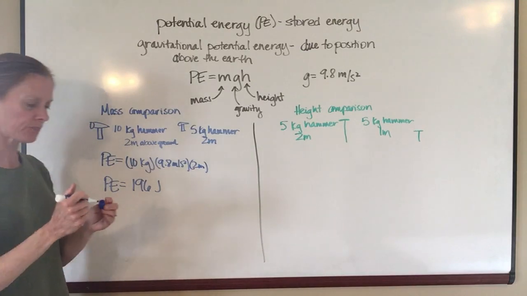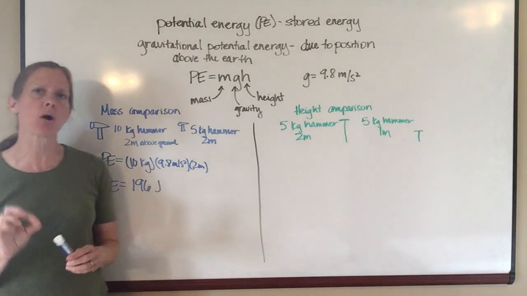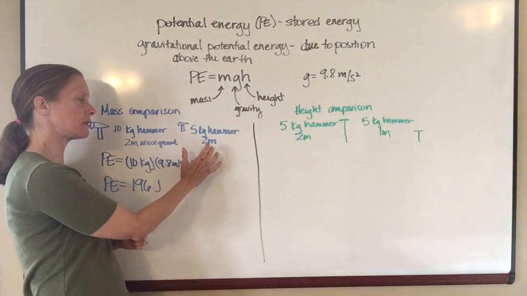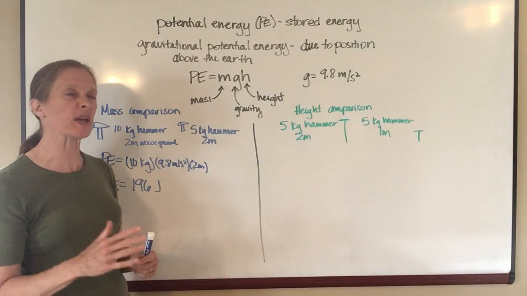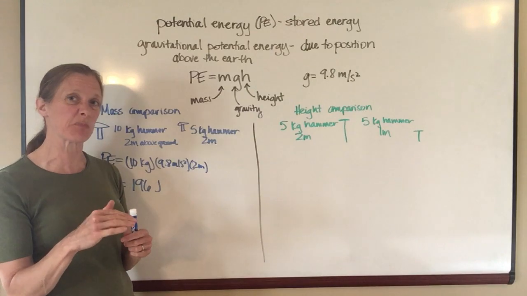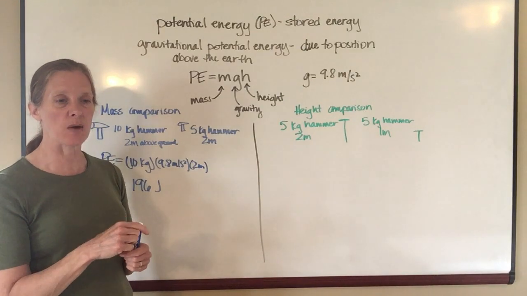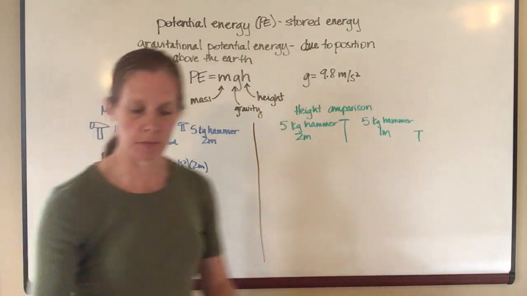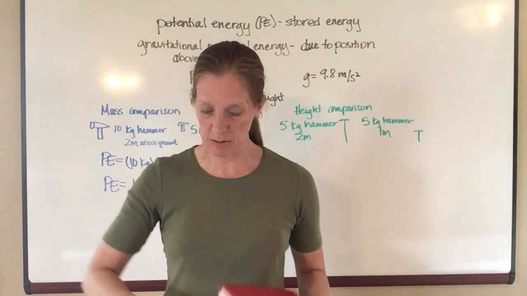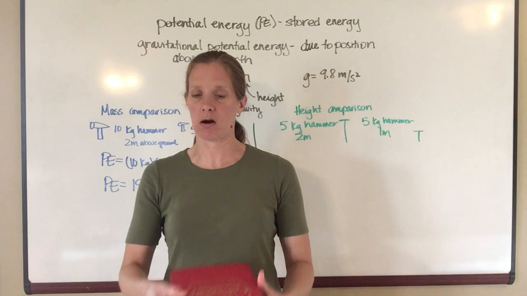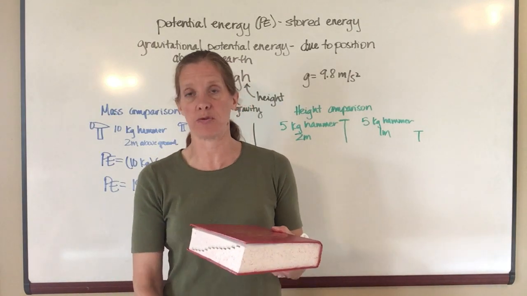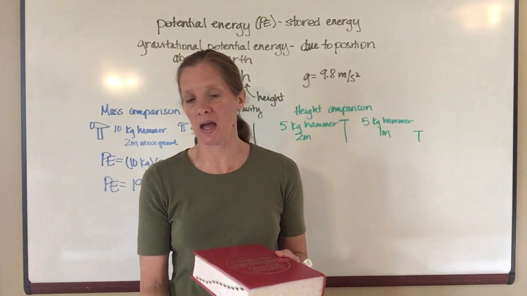196 joules. I do want to point out that most of the time, the measurements that we take are measurements from the ground up. We could define that place as something a little bit different. We could define it as like if I had maybe a chair sitting right here in front of me, and I just drop the book onto the chair, then maybe I only want to measure the height from the chair if the book can't fall any further than that.